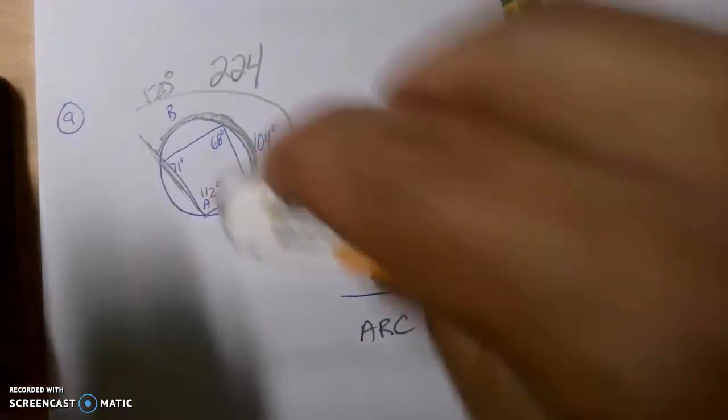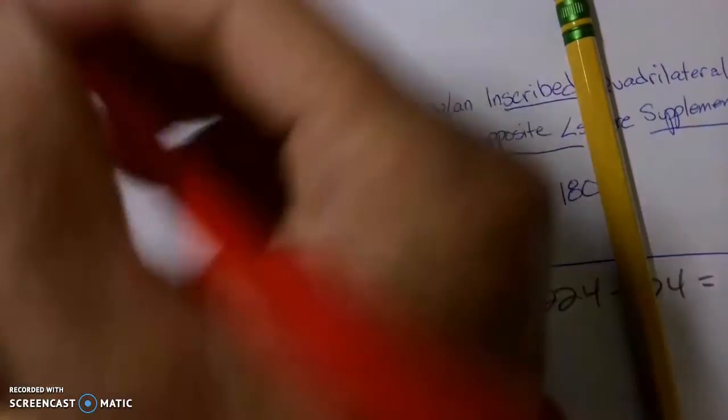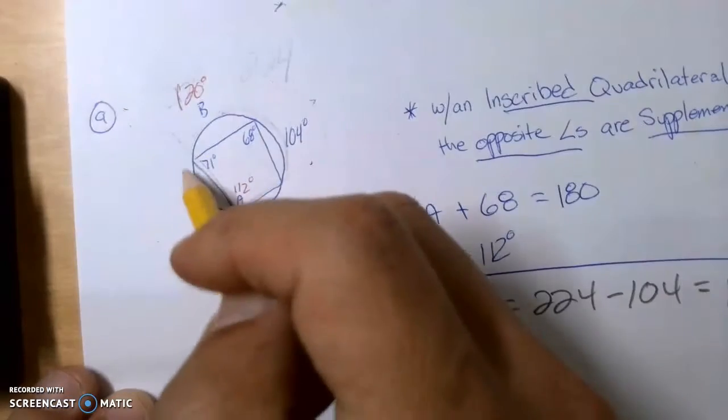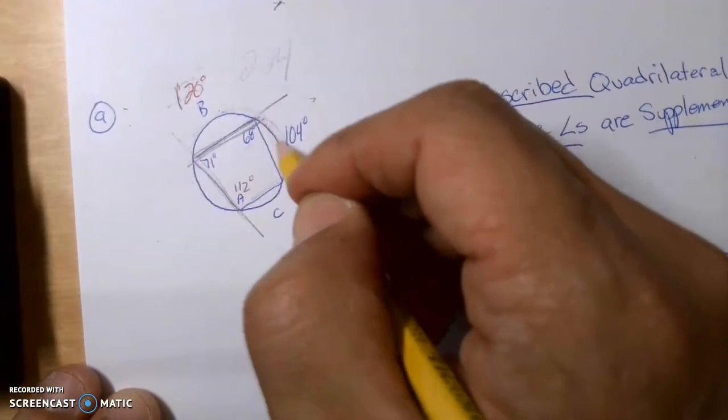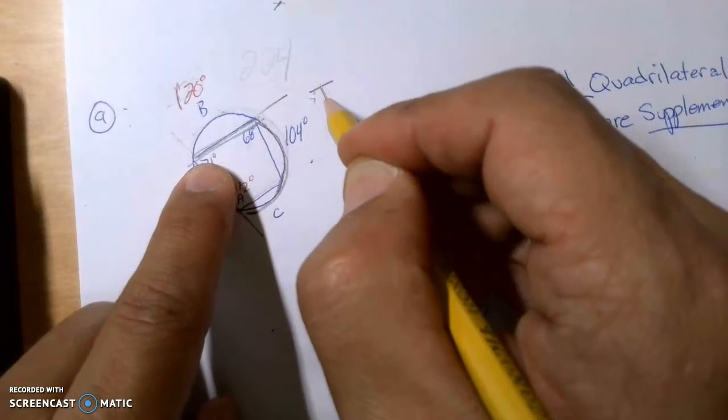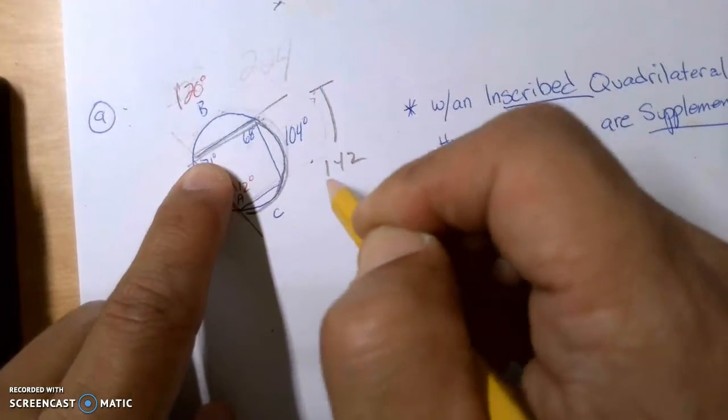I'm going to break out an eraser here because I don't want to get you confused. And then, once I know what arc B is, you don't really need it for arc C, but you notice this 71 here? If I extend that line, it hits this shaded arc, and this shaded arc is 71 times 2, which is 142.